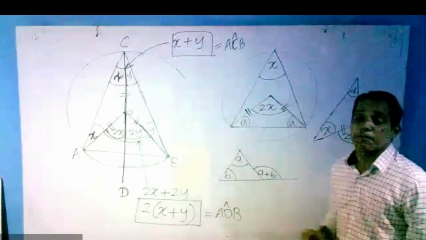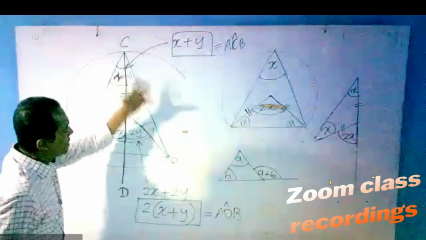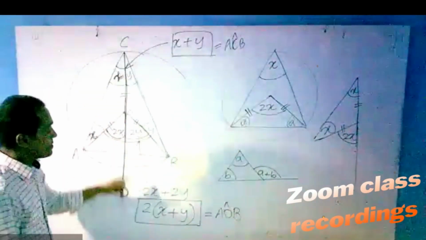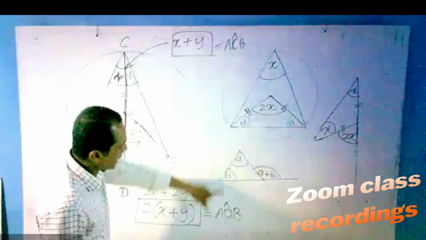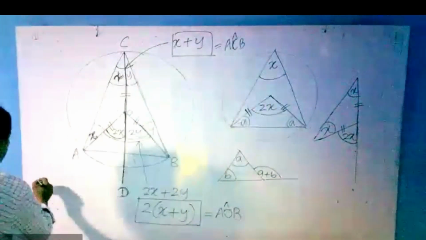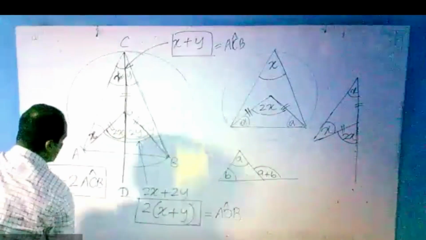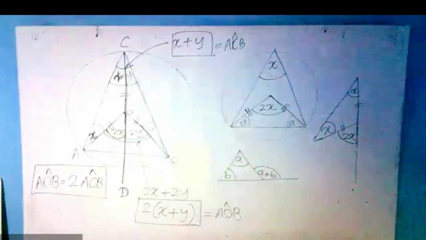That is the next theorem I used, and I also used this whole relationship to show that AOB is twice ACB, right? AOB is 2 times ACB. That is what we proved here. Did you get my point? Yes, sir. Right. Okay, hurry up then, write this down step by step.